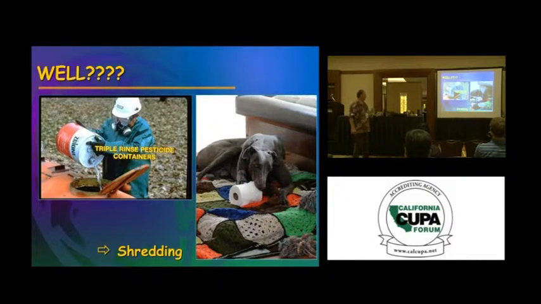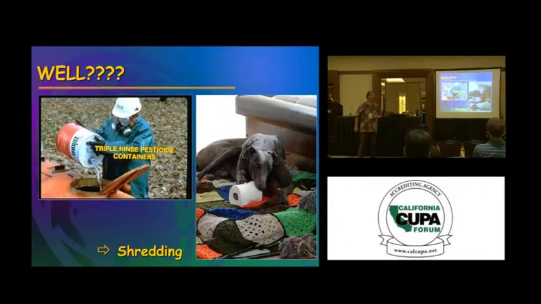What about shredding? This is why I have to shop at Costco. Fish shredding. All right. Have you guys seen? I think the manufacturer makes them. They're called Muffin Monsters.